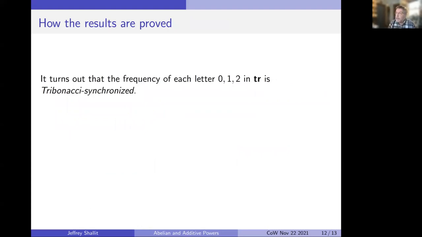Now, how did I find those results? Well, you're probably not going to be surprised if you hear that this was done with the theorem proving software named Walnut. The reason why you can do it is because the Fibonacci word and the Tribonacci word both have this synchronization property, which most infinite words, even simply describable infinite words, are not going to have. So it's very special to this particular thing. The frequency of each letter in the Tribonacci word is Tribonacci synchronized.